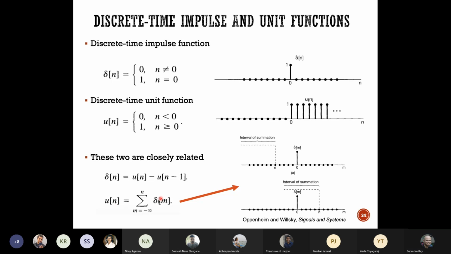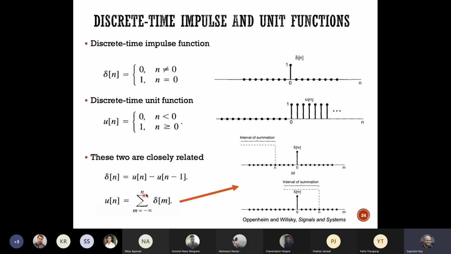Likewise, if you take the delta functions and do this summation, you will end up getting the unit step function. This might be a little bit tricky for you to see, but just convince yourself of this. What am I doing here?